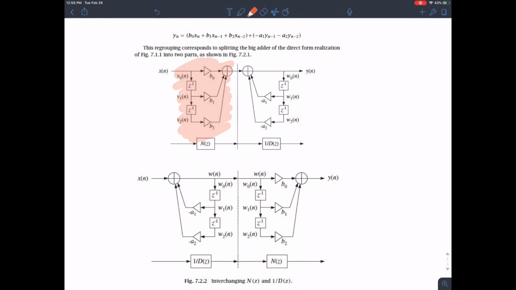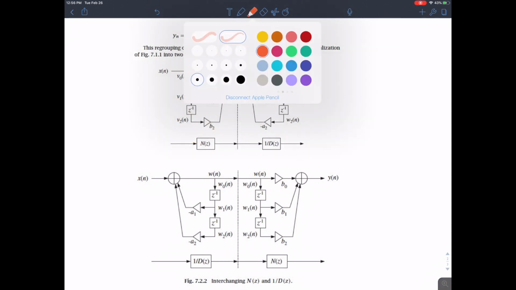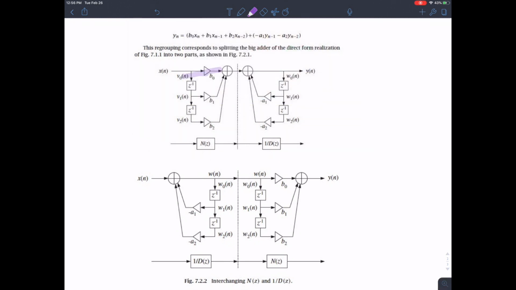Here's this one side. I take it and I move it over to here. Here's the other side. I take it, including the summer, and move it over here.